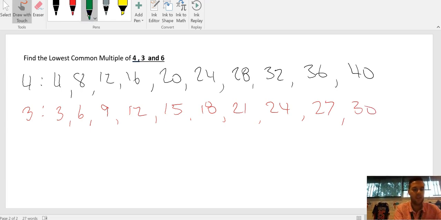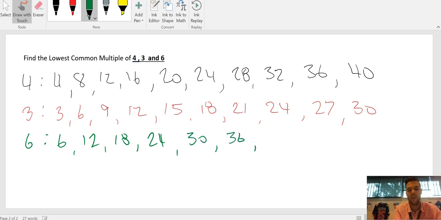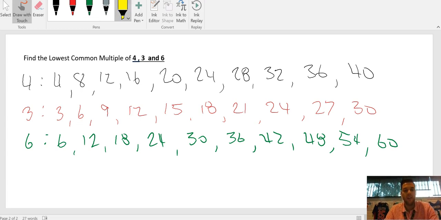And then if we do our 6 times tables, that's 6, 12, 18, 24, 30, 36, 42, 48, 54, 60. Okay, so now we need to go through and look at what is the lowest common multiple between my 4, my 3, and my 6 times tables.